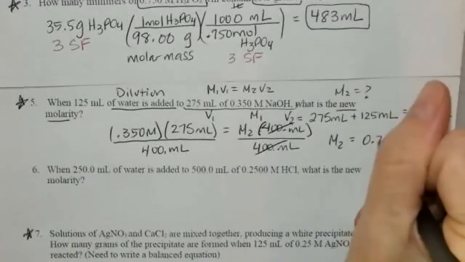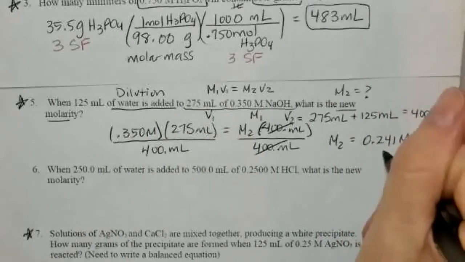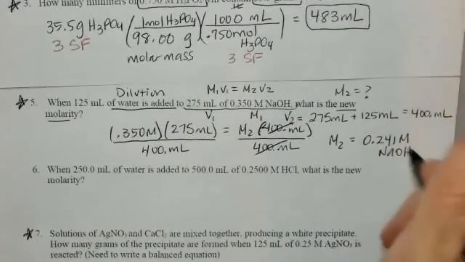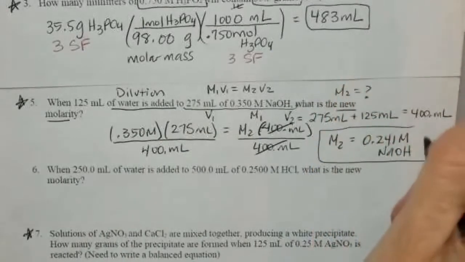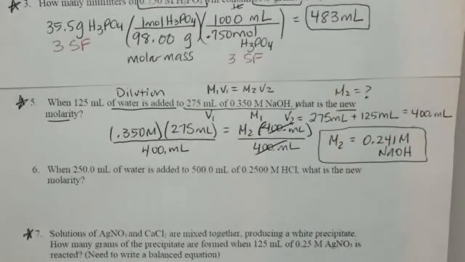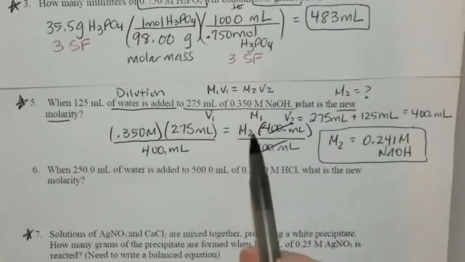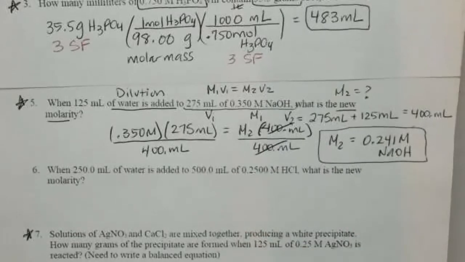So I round this to 0.241 molar for the concentration of the sodium hydroxide after dilution. And as we expected, we added water, so concentration went down, from 0.35 to 0.241. All right, so dilution is just taking a solution and adding water to it. Concentration is going to go down.